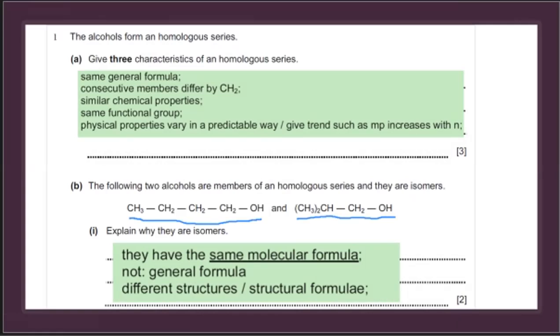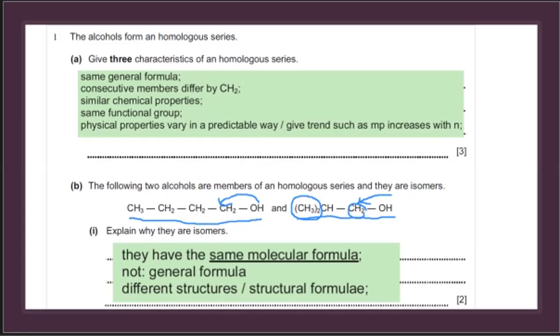In the first one, the OH group is on the first carbon, and in this one, the OH group is also on the first carbon. The difference is that on this carbon we have a CH3 group attached, and we have a CH2 group here.